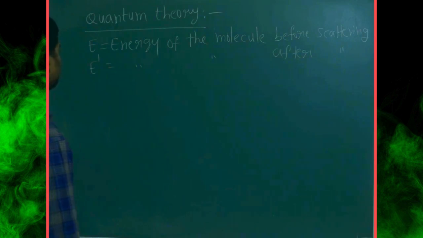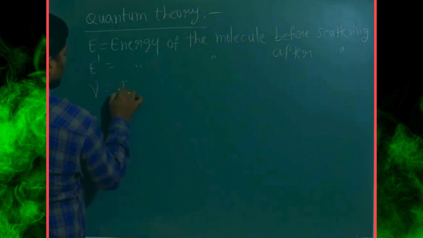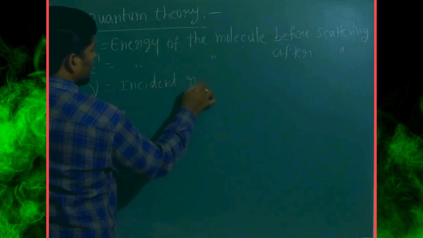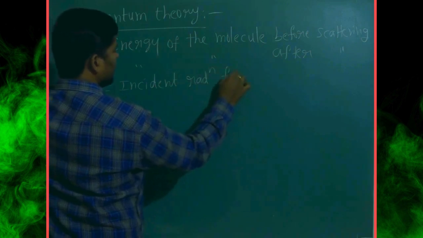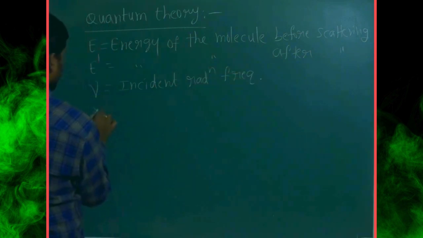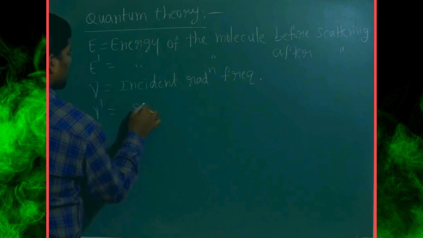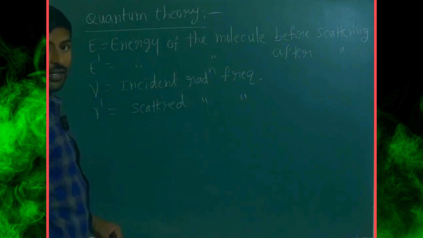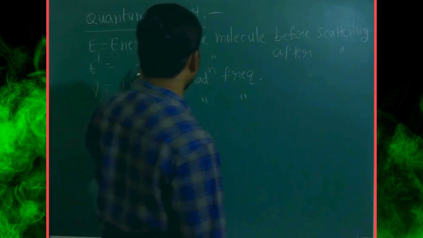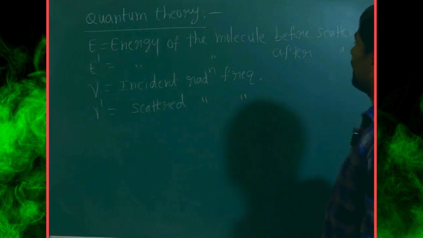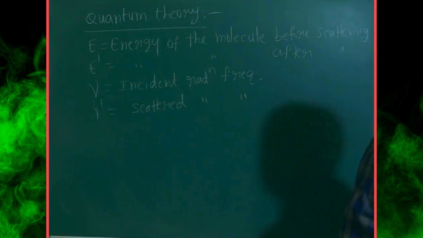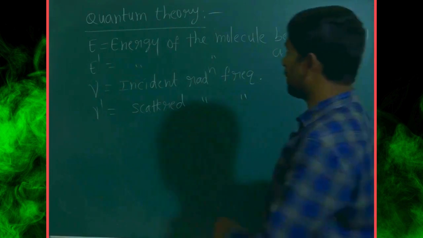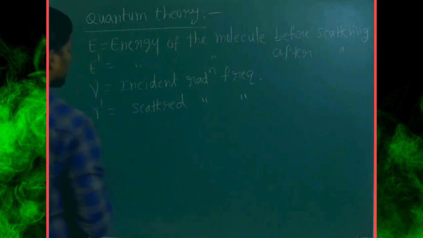Let nu be the incident radiation frequency, and nu dash the scattered radiation frequency. Here I am taking some terms: E is the energy of the molecule before scattering, E dash after scattering, nu incident radiation frequency, and nu dash scattered radiation frequency.